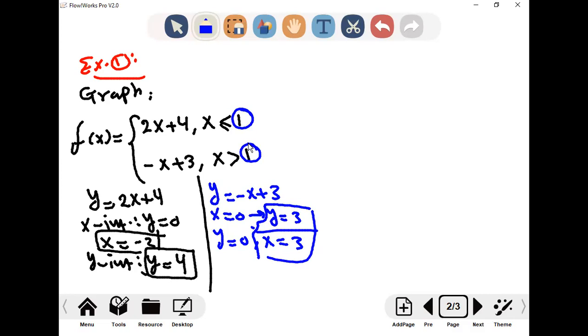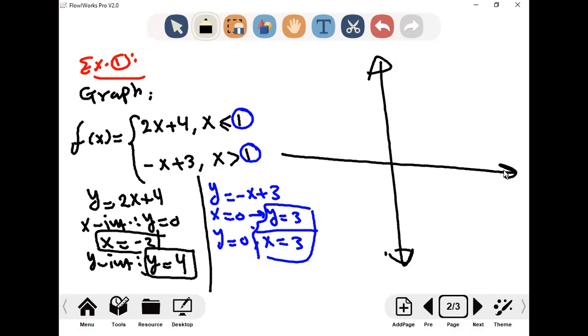Yeah, so let's graph. First thing, you need to take care of this number. What's this number? 1. x equals 1. Okay? So I will go to the x-axis, and you put the 1.